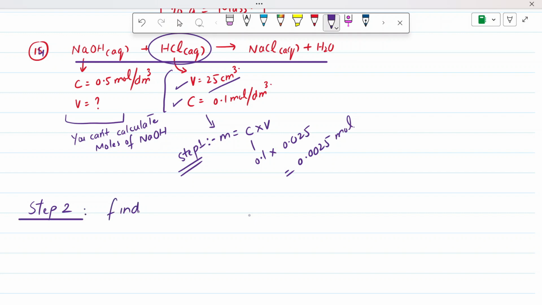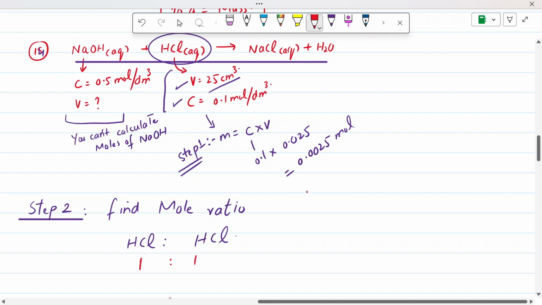Find the mole ratio. Sodium hydroxide on one side, and on the other side you have to write hydrochloric acid, HCl. From the balanced chemical equation, if you have one sodium hydroxide, you have one hydrochloric acid. So it's going to be 1 ratio 1.